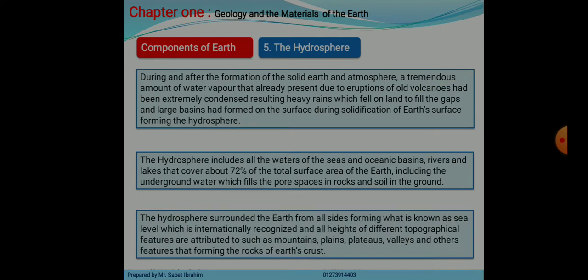The hydrosphere surrounds the Earth from all sides, forming what is known as sea level, which is internationally recognized, and all heights of different topographic features are attributed to it, such as mountains, plains, plateaus, valleys, and other features forming the rocks of Earth's crust.